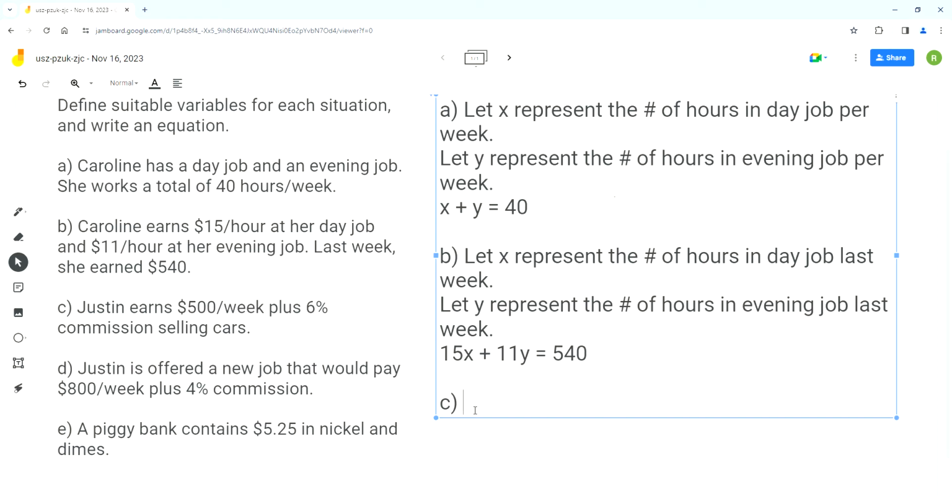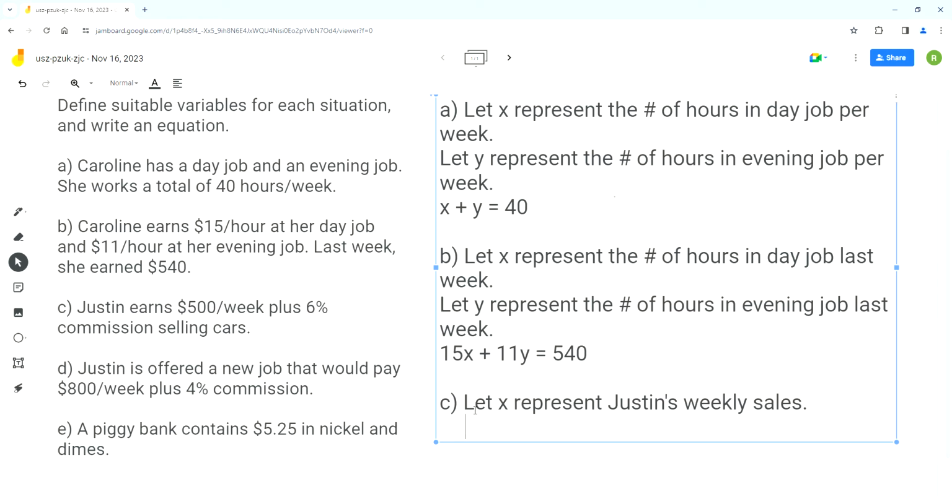So here we can use let x represent Justin's weekly sales, and then the other let statement can be let r represent Justin's weekly earnings, because here we are finding out what is the total amount of money he earns.